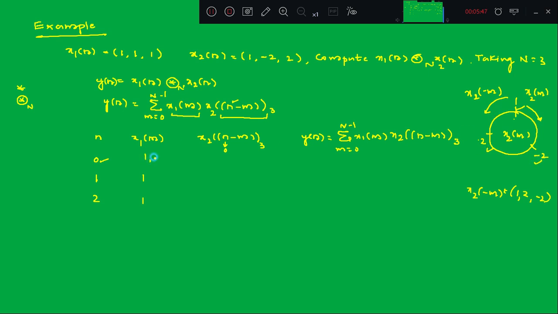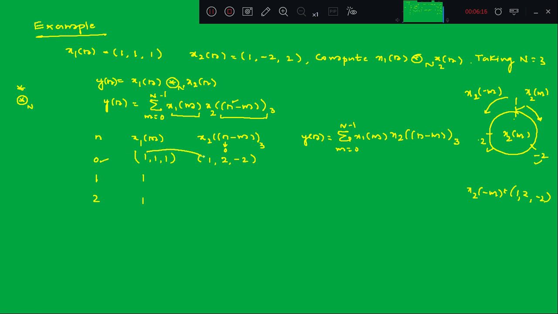So x1 of m is 1, 1, 1, unchanged; I am keeping it as it is. For n equal to 0, x2 of m becomes x2 of minus m. You take the samples in the anti-clockwise direction, so the x2 of minus m sequence will be 1, 2, minus 2. Then you multiply element by element and add the multiplied values.